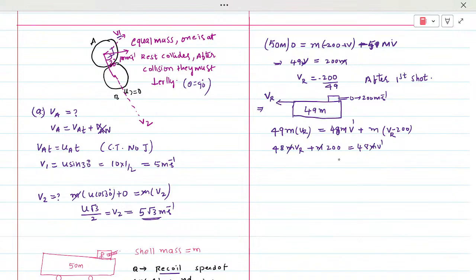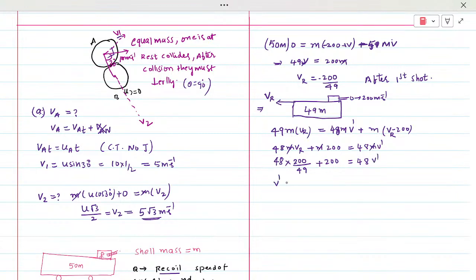The m gets cancelled. And we already have 200 by 49. Therefore 48 into VR, which is 200 by 49, plus 200 is equal to 48 V dash.